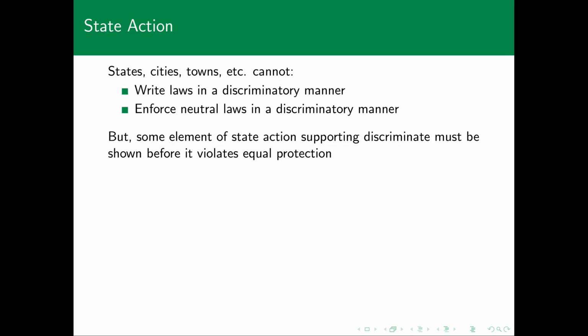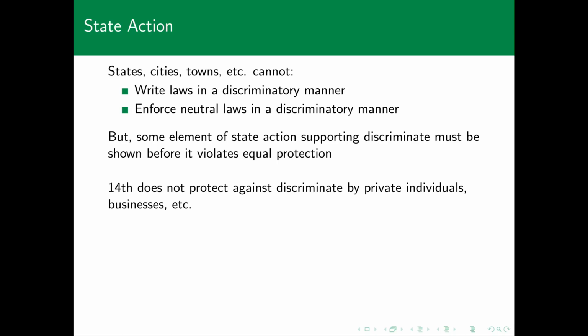Some element of state action supporting the discrimination has to be shown before it comes to be a violation of equal protection. What I mean by that is the state has to do something. The 14th Amendment, the Equal Protection or Due Process Clauses, they don't protect against private discrimination.